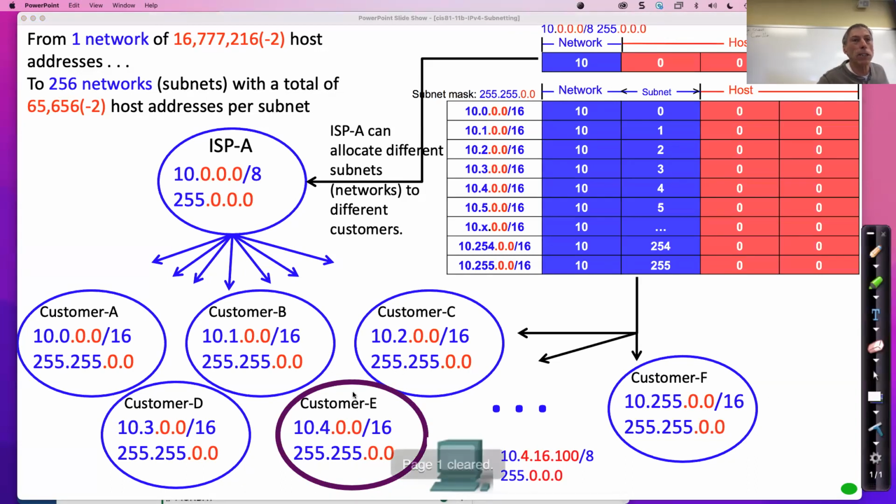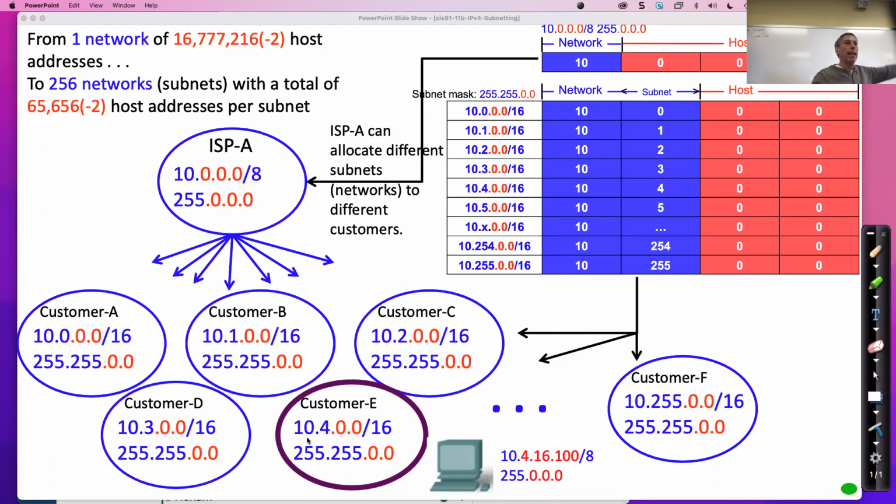Okay, so let's look at customer E here. 10.4.0.0/16. That's what they got. 255.255.0.0, /16 mask. Now, each one of these customers, like customer E here, they get 10.4.0.0. They can't touch the 10.4.